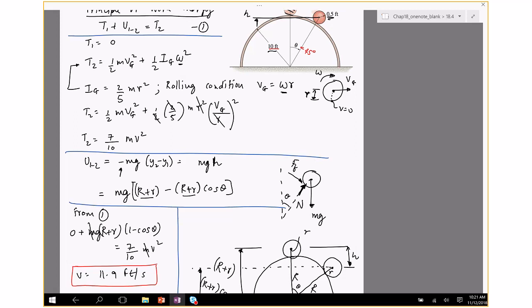If that point was sliding, then friction would do work, like a block sliding. But if it's 0 speed, then think of it as F dot ds, but that ds at every instant is going to be 0 because velocity is 0.